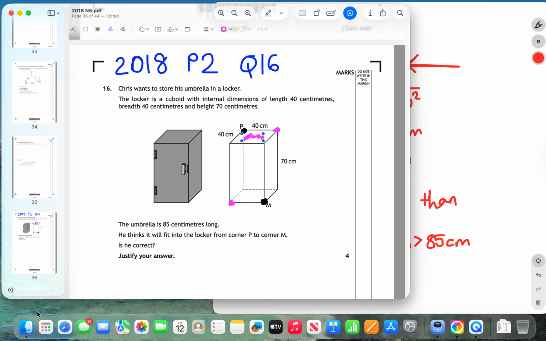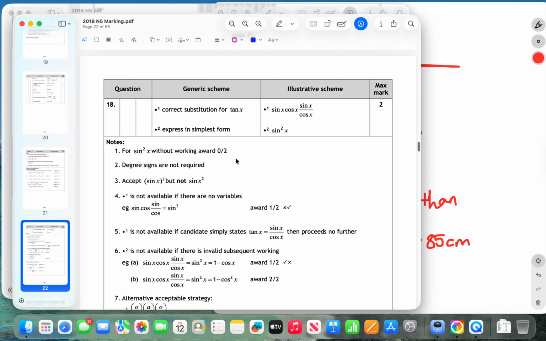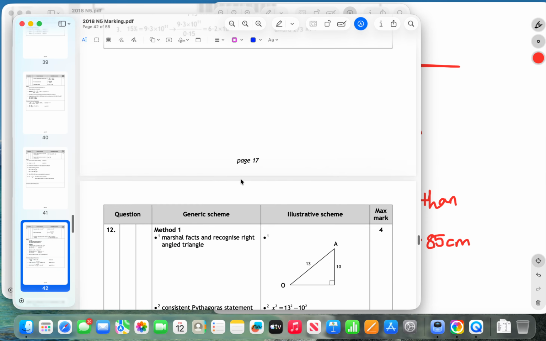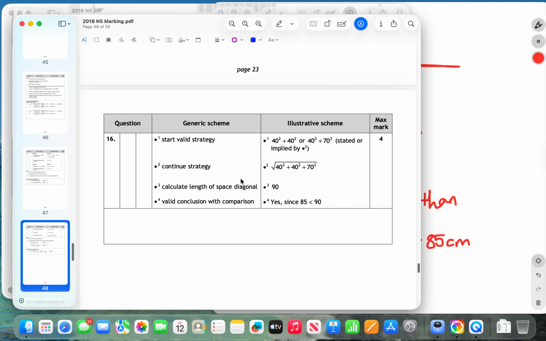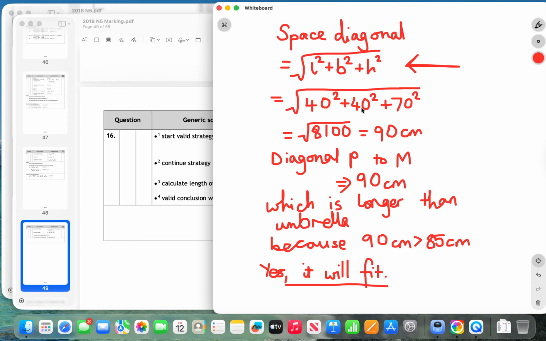So let's have a look at how the SQA would mark this question. You would get 2 marks for getting up to this point.